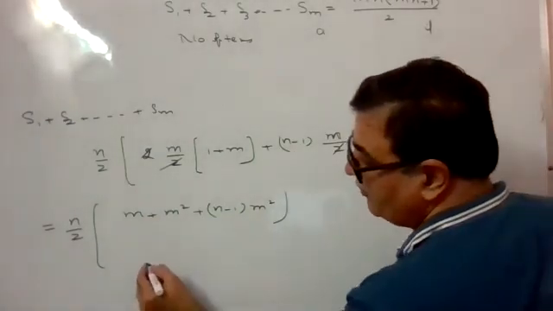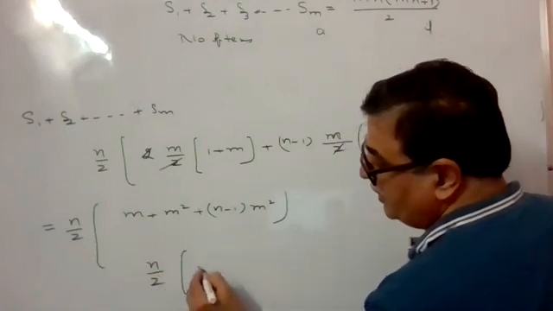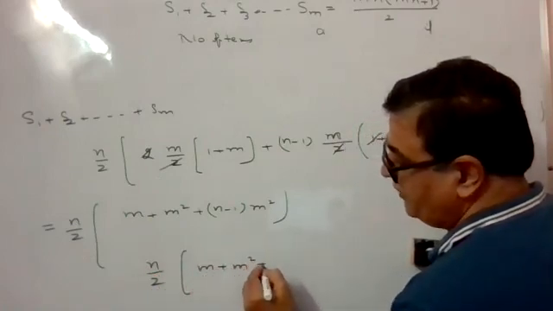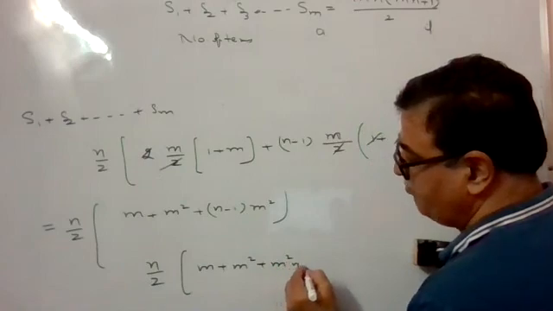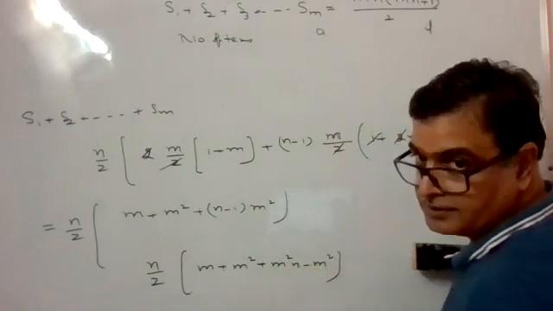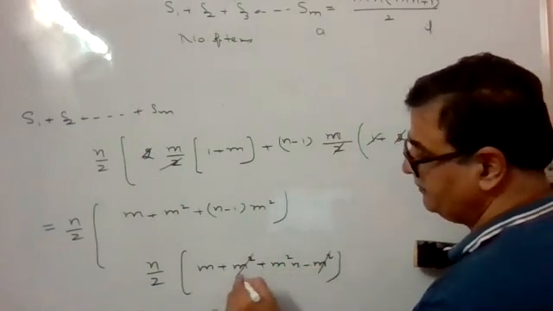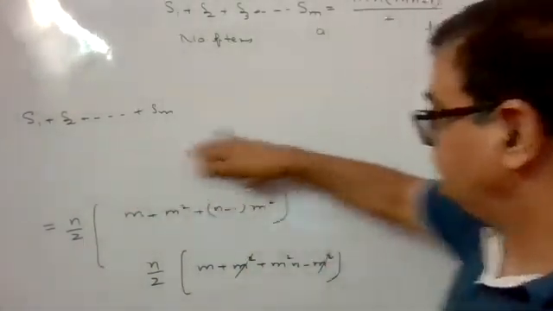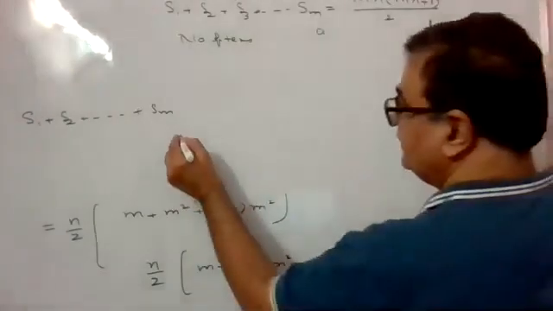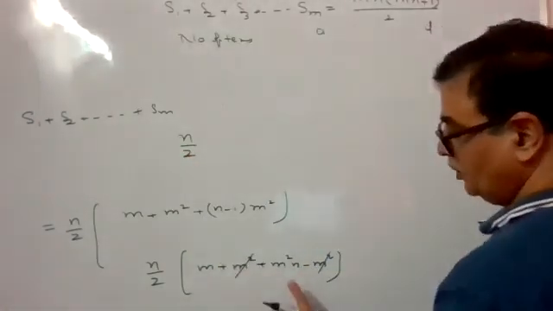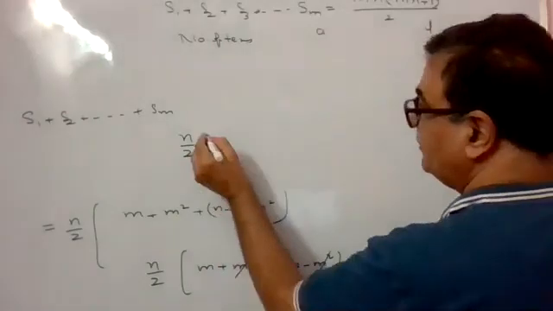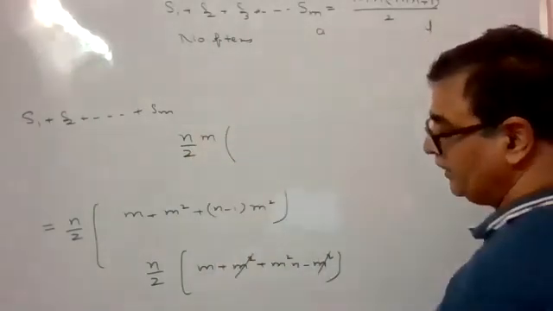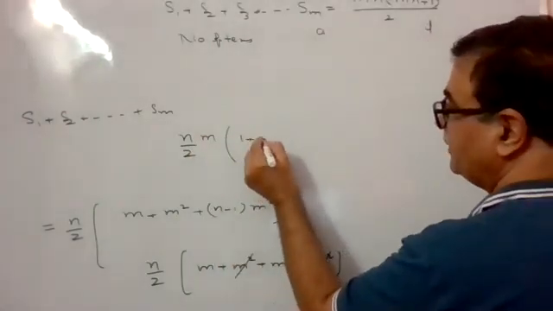Then we will have n by 2, m plus m square plus m square n minus m square. m square and m square clearly get cancelled out. Then left is n by 2. What is common in the 2? m is common. When you take m common, what is left? 1 plus mn.